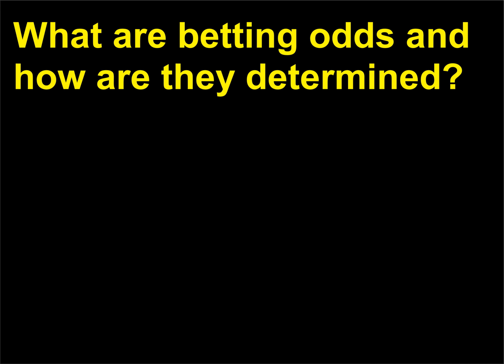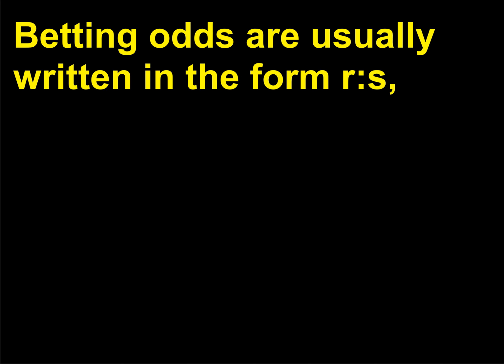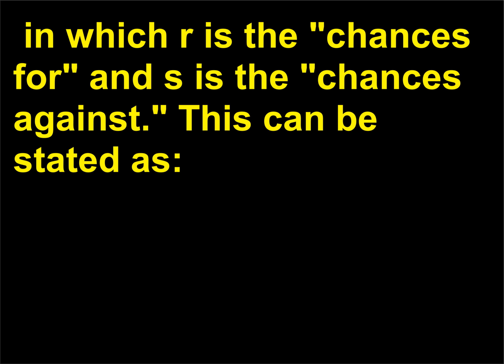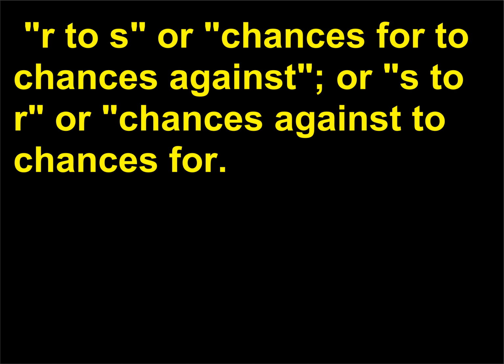What are betting odds and how are they determined? Betting odds are usually written in the form R:S, in which R is the chances for and S is the chances against. This can be stated as R to S, or chances for to chances against, or S to R, or chances against to chances for.